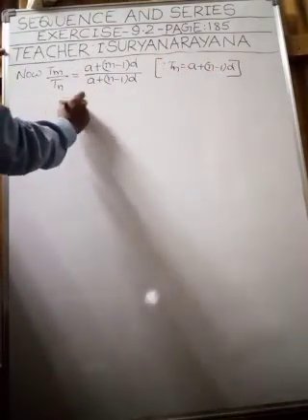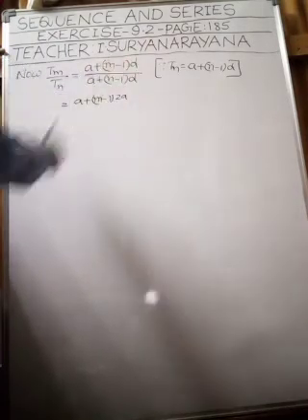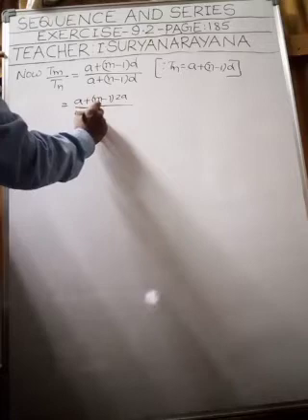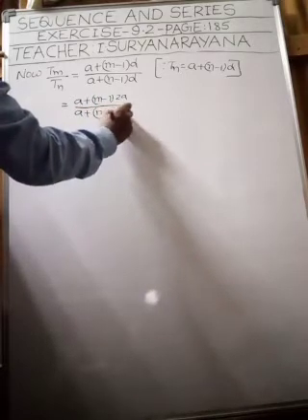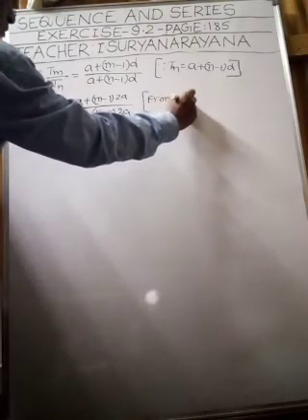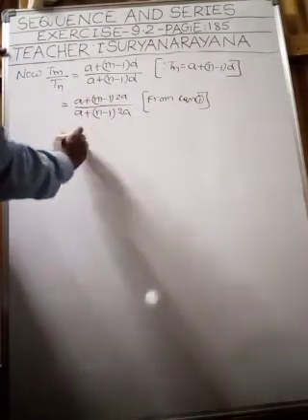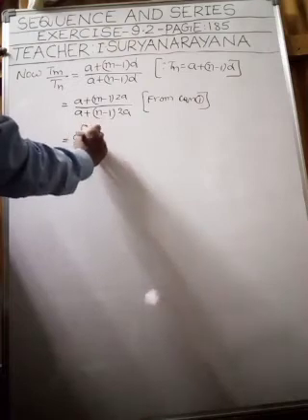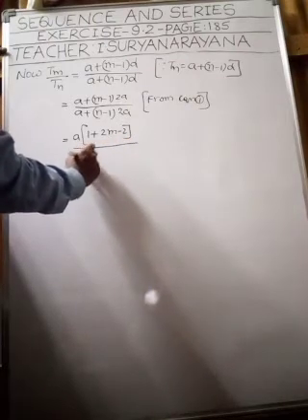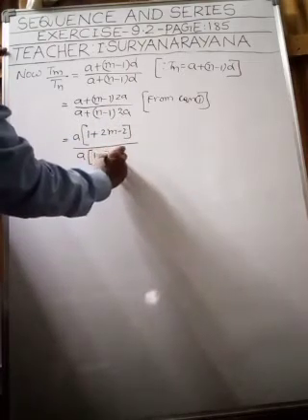This is equal to a plus m minus 1 into 2a, because we have already found 2a is equal to d, by a plus n minus 1 into 2a, from equation 1. Now let us take a common: a into 1 plus 2m minus 2, by a into 1 plus 2n minus 2.